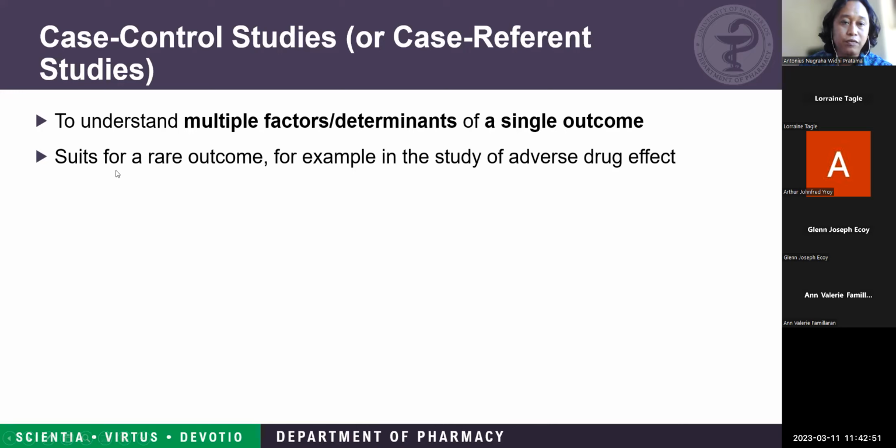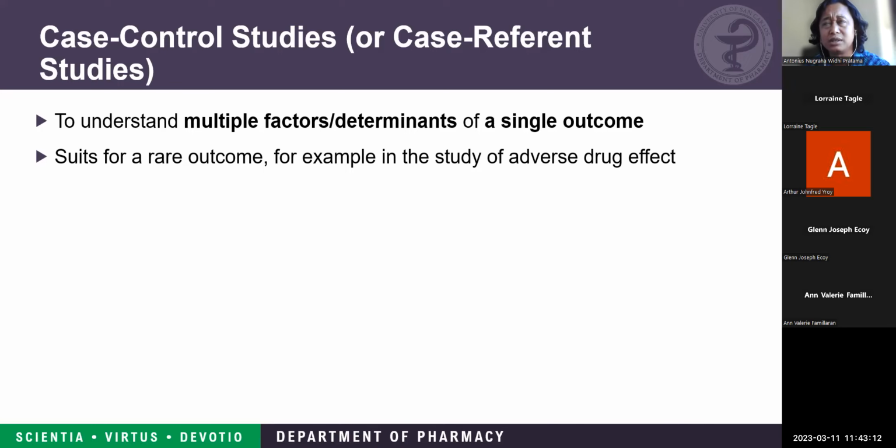So this suits a rare outcome, for example, in the study of adverse drug effect. If the adverse drug effect is common, then normally we do not use a case control study.